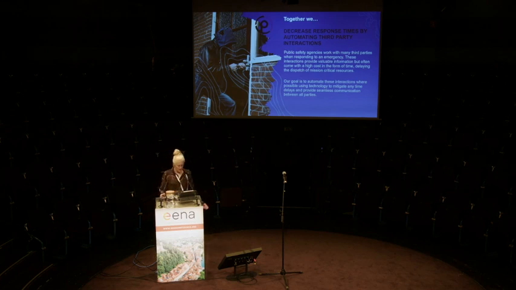Okay, the last thing to talk about is just decreasing response times by automating third-party reactions. So in this case, public safety agencies, like we talked about, have a lot of siloed solutions. And in this situation, we're constantly looking for, once we have everything on that unified platform, we're able to automate a lot of things.